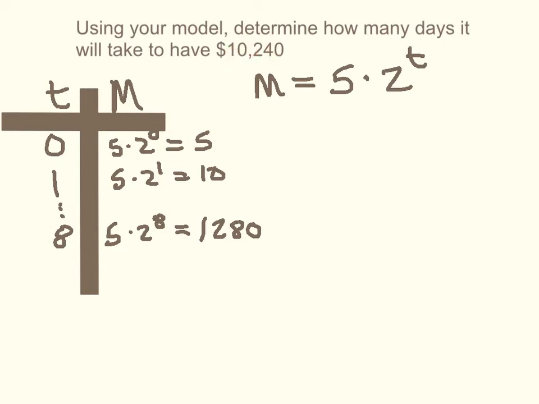So really what we want to solve is this equation: 10,240 is equal to 5 times 2 to the t. In that last example, we were looking for the amount of money, so we plugged in a value of t. In this example, we're told how much money we have. So m is what we have. What we don't have is t.